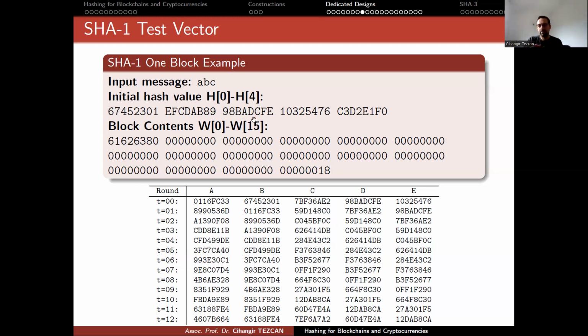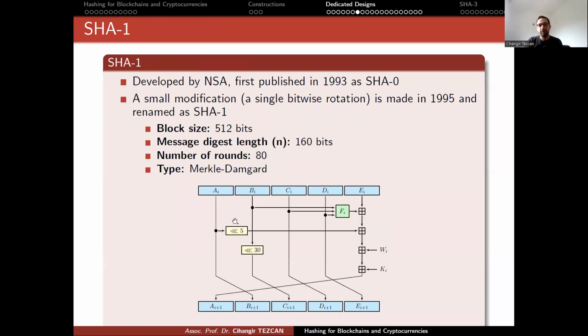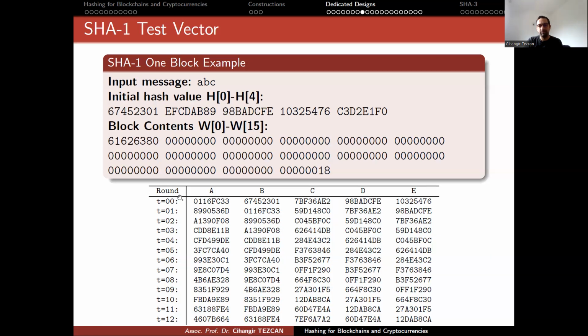But generally, they are chosen in a very simple way, so we believe that IVs don't have any backdoors and so on. Okay, so you start performing these operations. Recall that I write the IV here, start feeding the message from here, 32 bits and so on. And after the first round, you obtain this value.